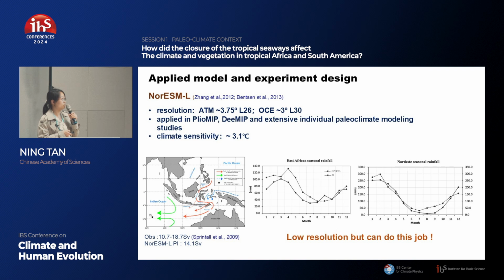That means even with the low resolution and without representation of these minor islands, it can simulate the large-scale ocean circulation and the throughflow. And we also checked the seasonal rainfall in East Africa and East South America. The bias exists, but the patterns of the seasonal rainfall are comparable to the data. So we say this model can do this job.